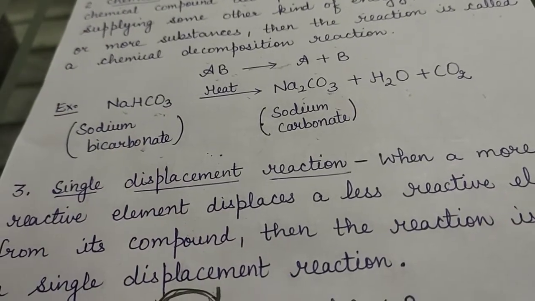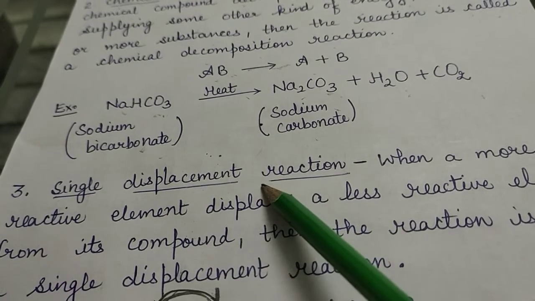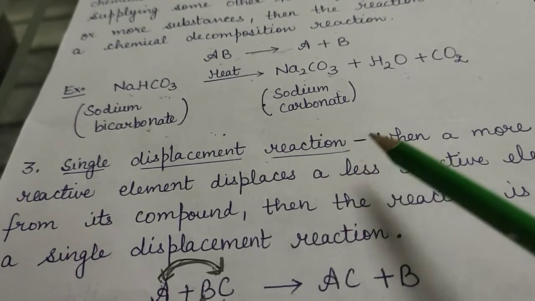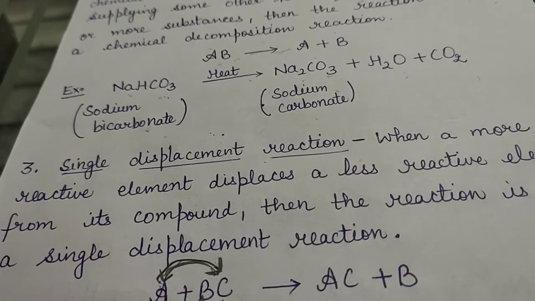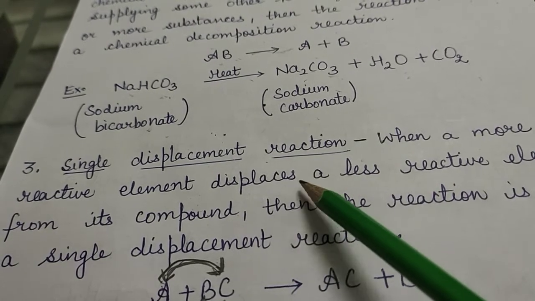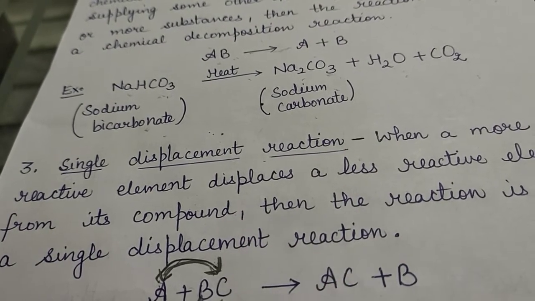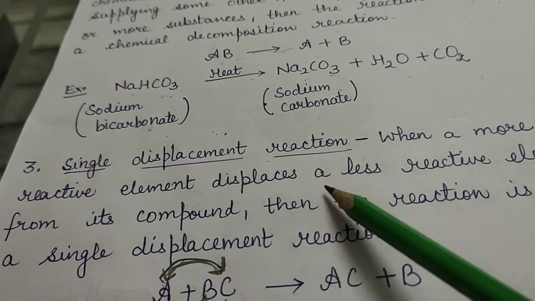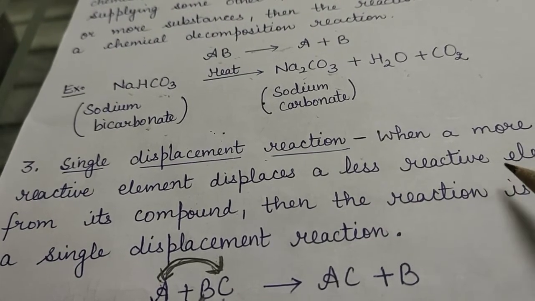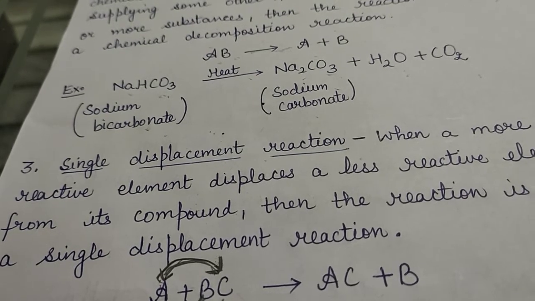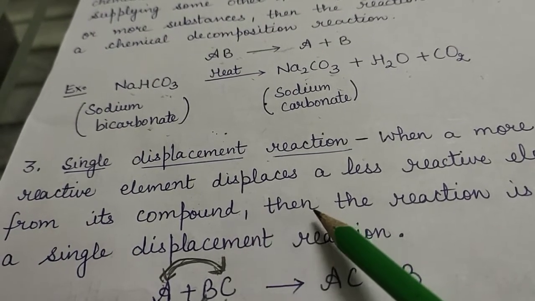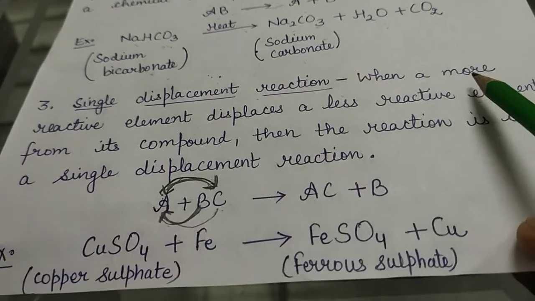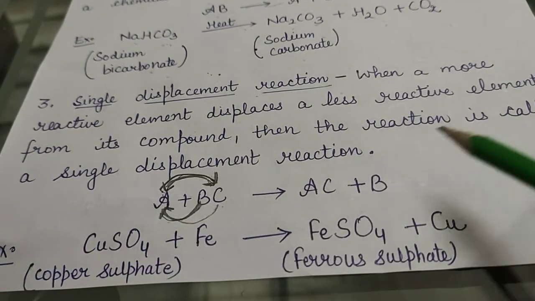And next is what? Single displacement reaction. See, when a more reactive element, more reactive means the element that is more powerful, displaces, means move, a less reactive element from its compound, then the reaction is called what?